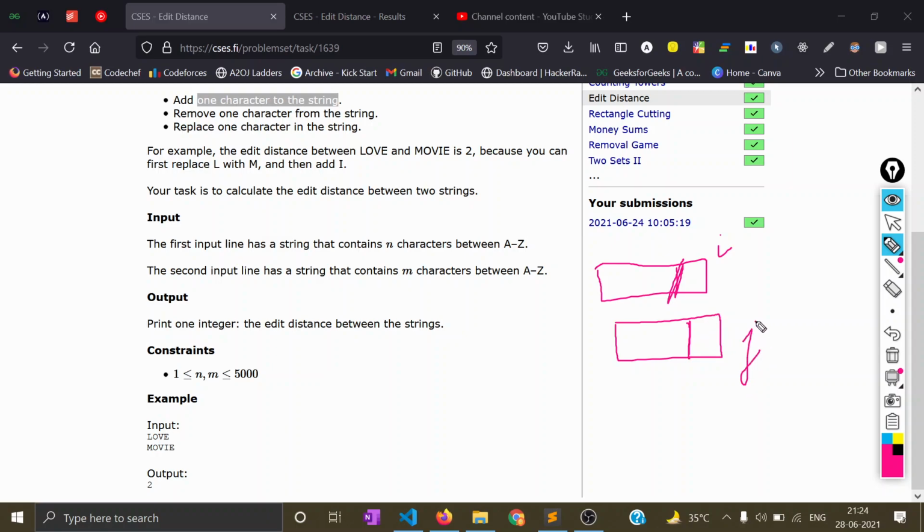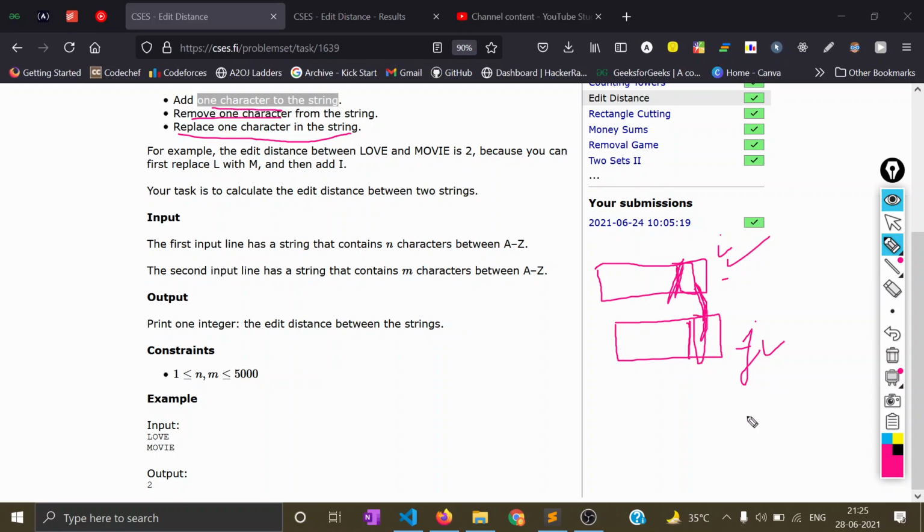If these two alphabets are not equal, what are the moves I can make to make them equal? First, I can replace the character, either i or j. Or remove i or j. Or add a character: add this j character to the string here, or add the i character to the string here.